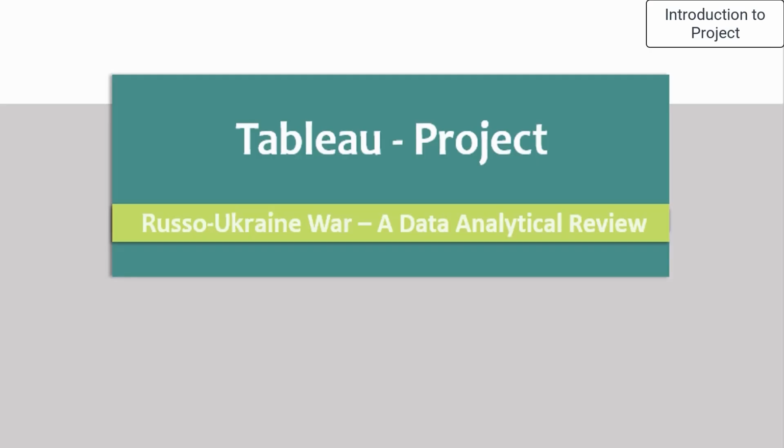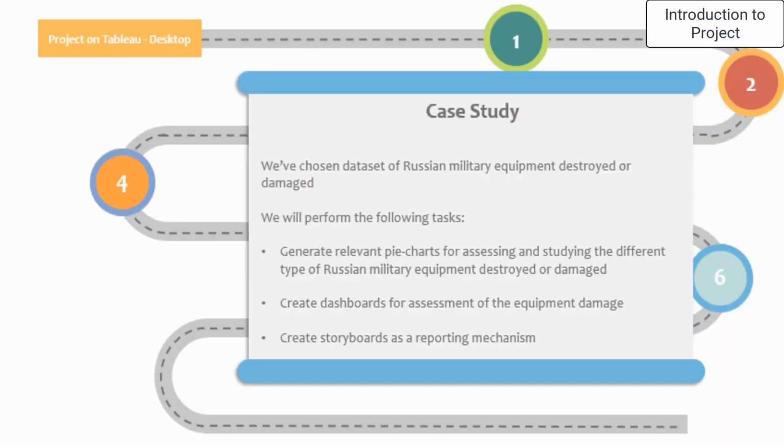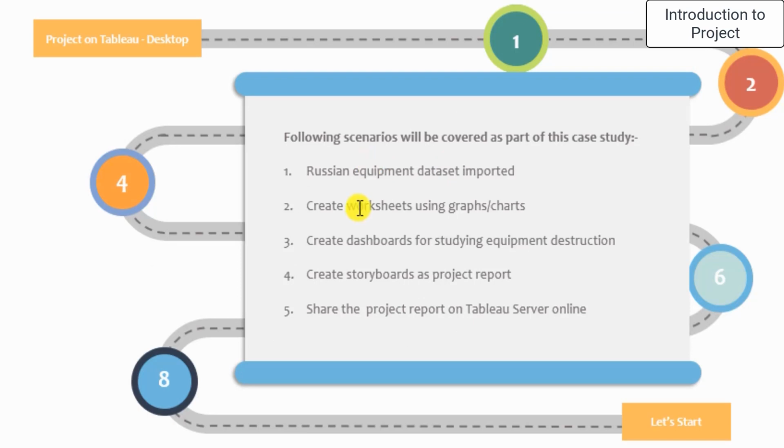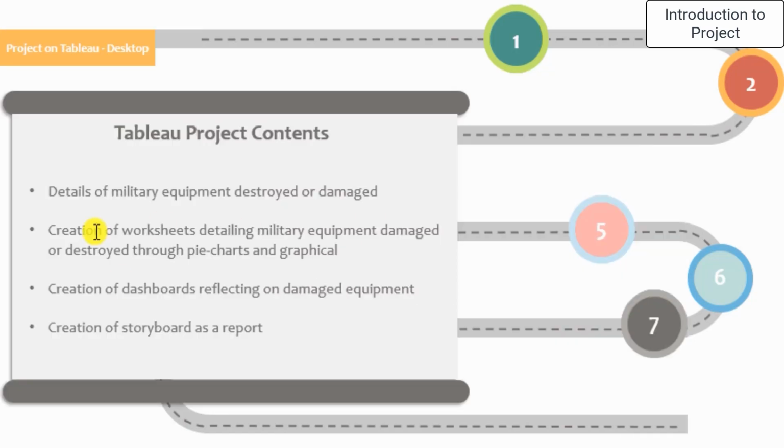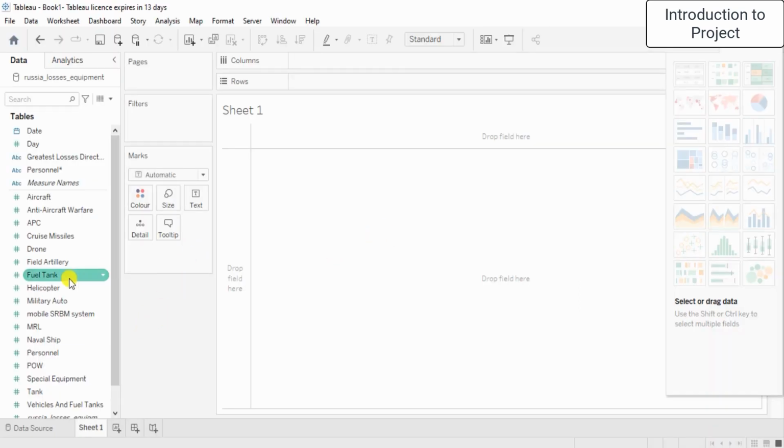As we have mentioned, we'll be creating worksheets using the graphs and charts, and dashboards, of course. We'll be creating the worksheets for detailing the military equipment damaged or destroyed through pie charts and other graphical representations.